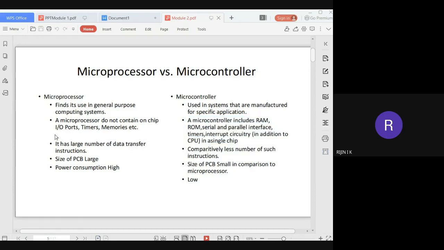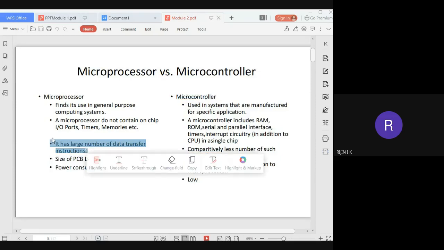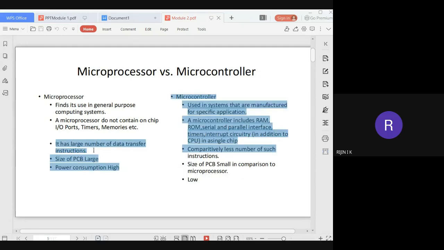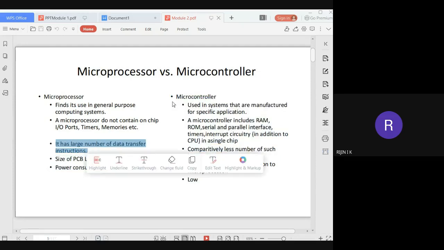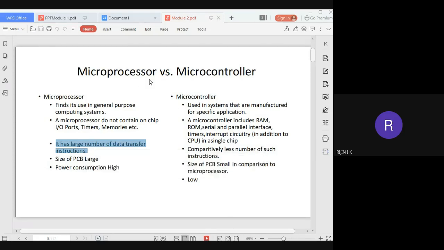In the case of microprocessor, for performing data transfer, it has a large number of data transfer instructions. But compared to that, a microcontroller has comparatively fewer data transfer instructions.